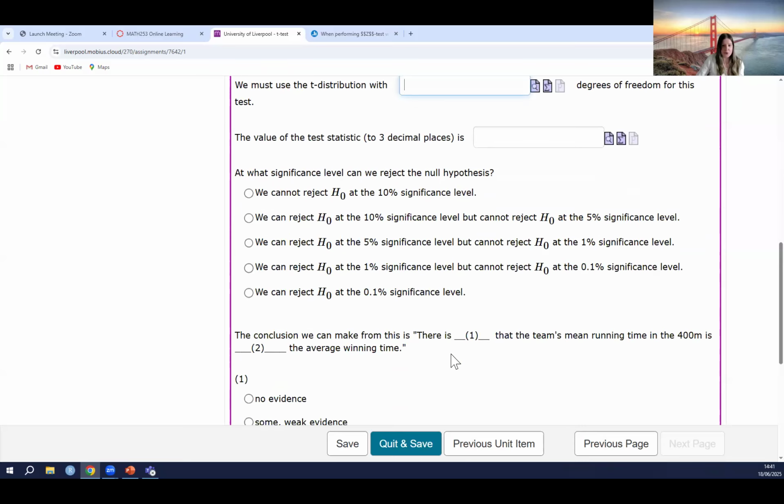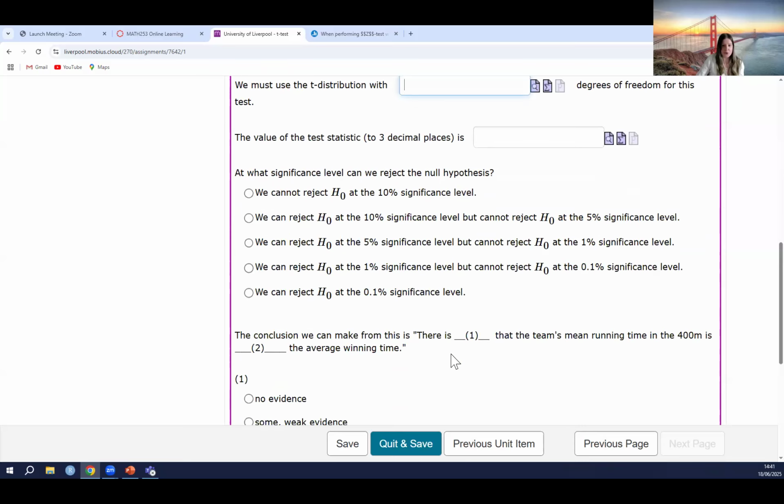So again, if the students press how did I do, it gives them whether they were wrong or correct. And here is the feedback where they can see all the steps and details of the calculations they should have done. And again, if they do try another, they will get different sets of parameters.